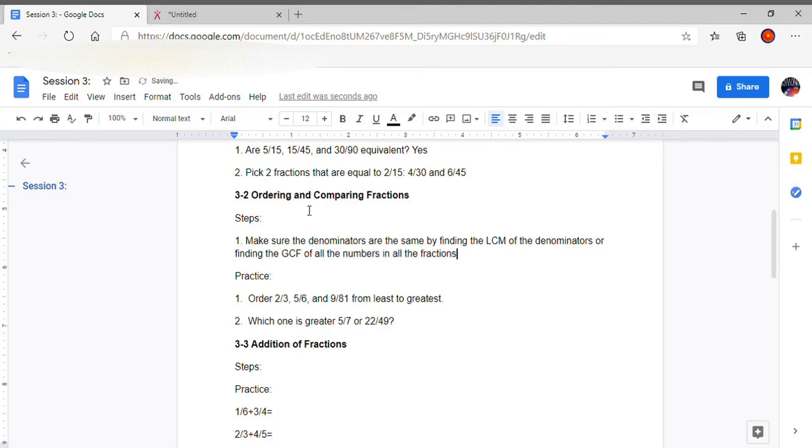So I like using LCM because it's so much quicker, because sometimes all the numbers do not have a greatest common factor besides 1. Yeah, so let's see. Order 2/3, 5/6, and 9 over 81 from least to greatest.